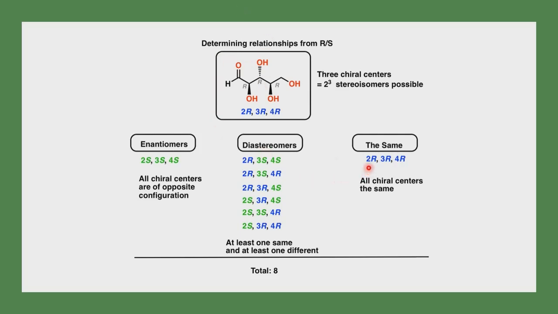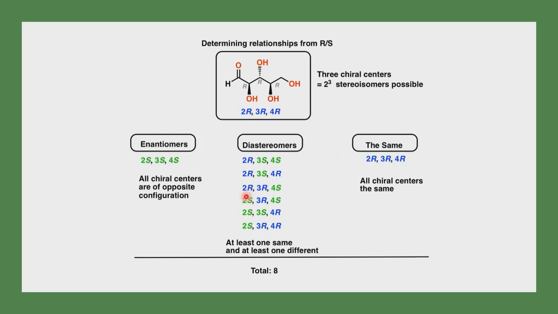And the original one, which is 2R, 3R, 4R, is in the original position, while we can have 2R and 3S and 4S on the opposite side, where we can also have 2R and 4R both in the original position, while 3S will be on the opposite side.